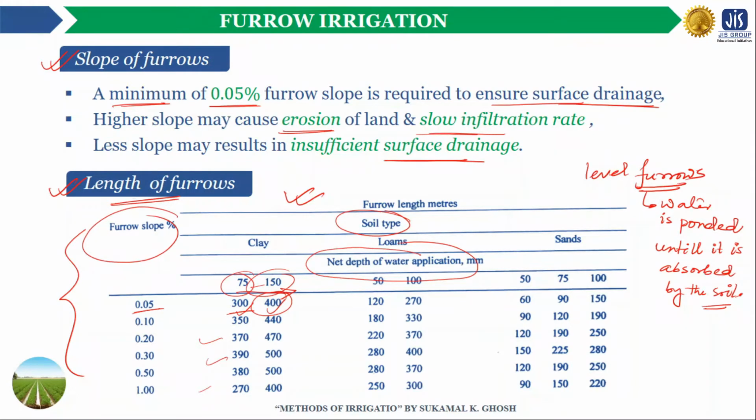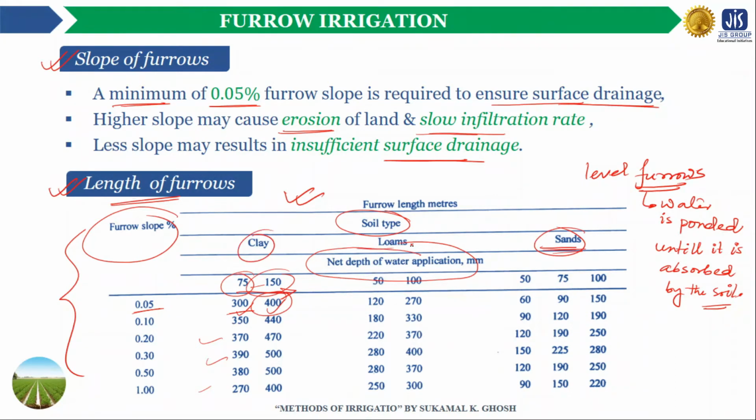Thus, furrows must be shorter for the porous soil, which means for sands, the length of the furrow must be shorter, because we know that among clay, loam and sands, the sand is more porous. So, the furrows must be shorter for the sandy soils compared to the tight and heavy soils like clay and loam.